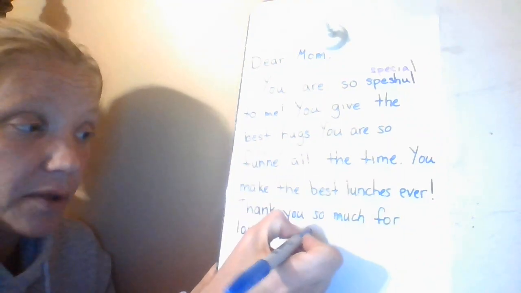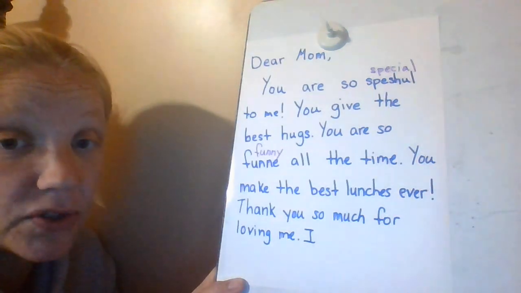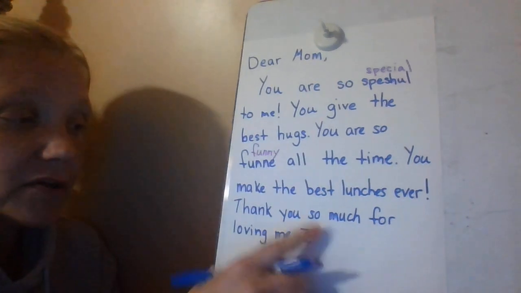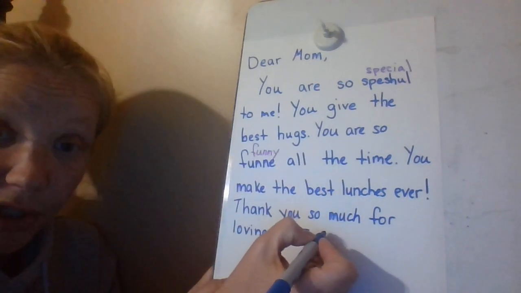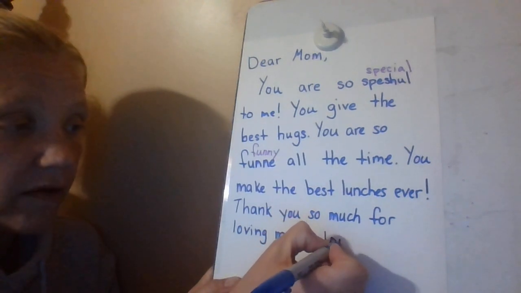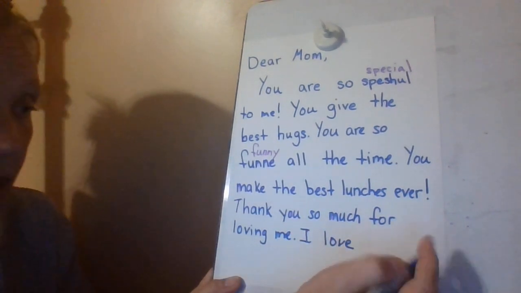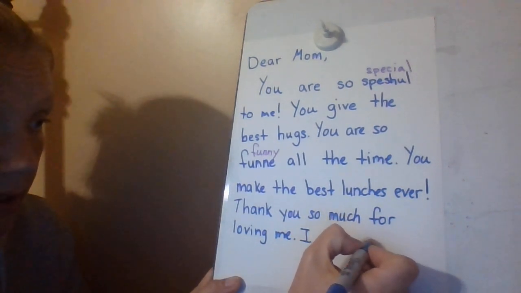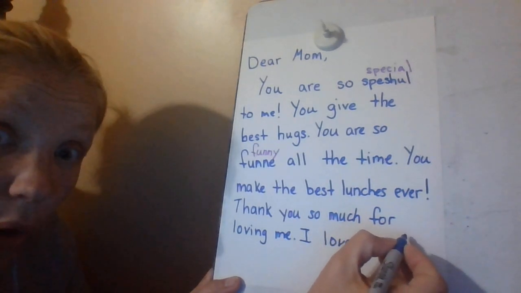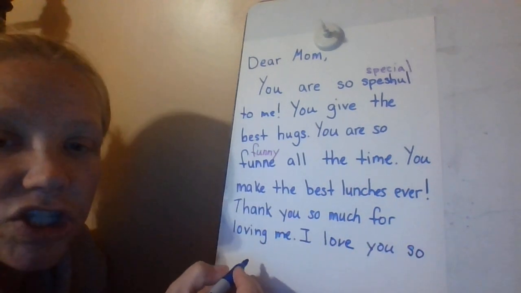So I, we know is capital. First, because it's the beginning of the sentence, but also because when I is by itself, it's always capital. I, finger space, love. Now we know how to spell love because it's a heart word. L-O-V-E. Finger space. We know how to write you because it's also a heart word. I love you. We know how to write so because it's a heart word. S-O. Much.